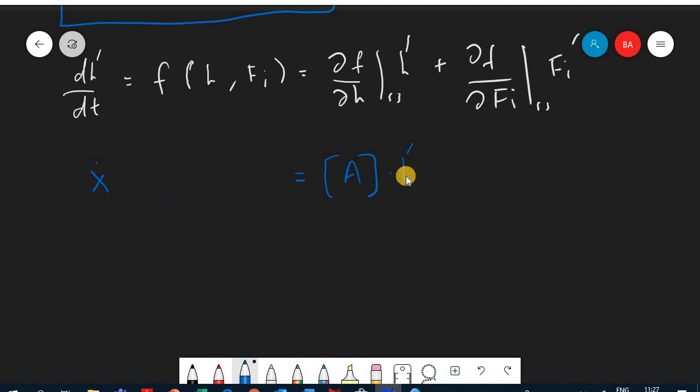So this is like x dot, and this is the x, the x that I have here, plus the B term, which is df by dfi, and then I have u, the inputs, and in this case my input is fi.